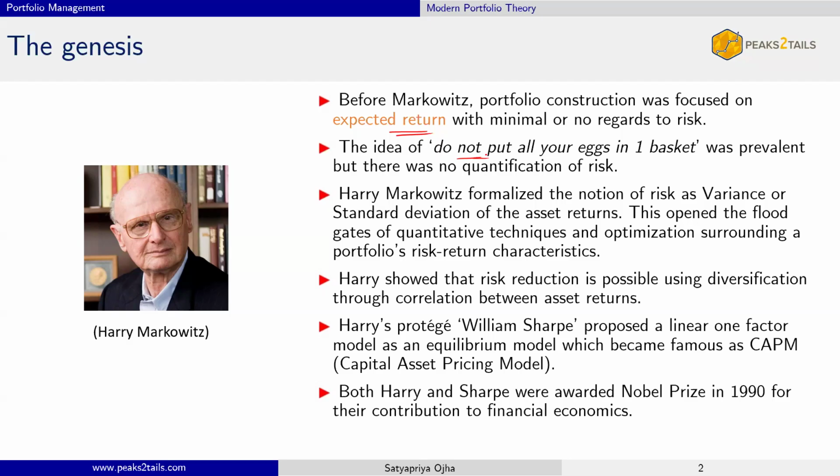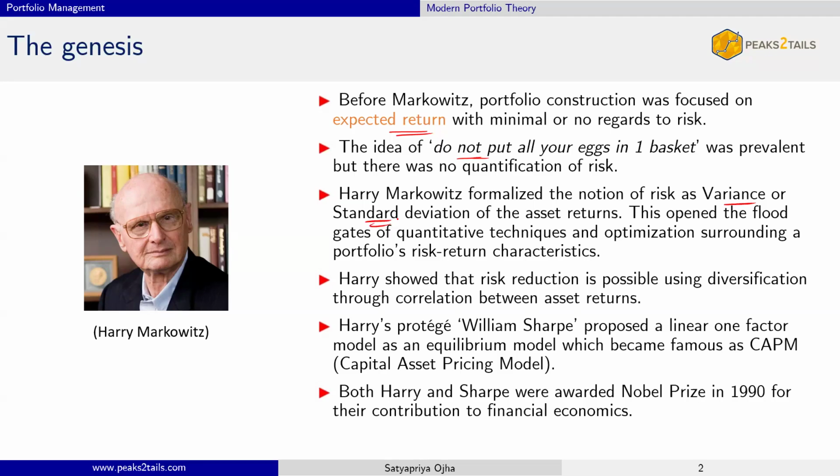So Harry Markowitz was the first person who actually quantified or formalized the notion of risk, by stating that risk can be measured by variance or standard deviation. You can use them interchangeably. That was the first serious thought process in terms of quantifying risk.